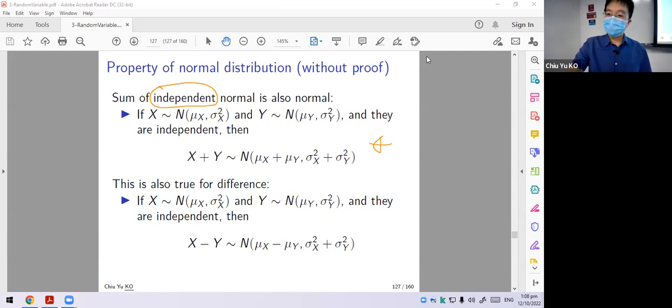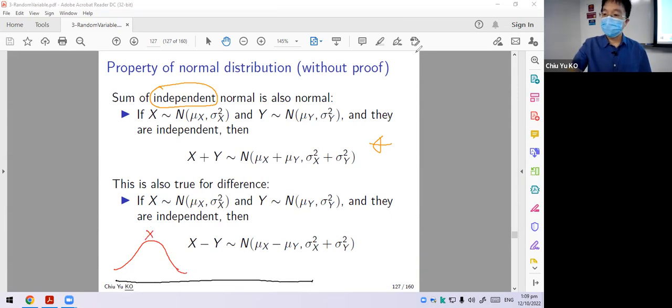Suppose we have a bell curve for X. And maybe I draw a longer number line here, maybe easier to see. And X is this bell curve.